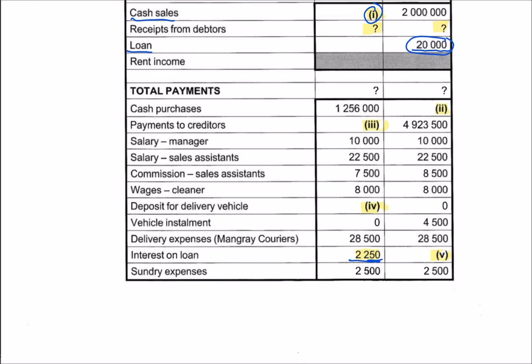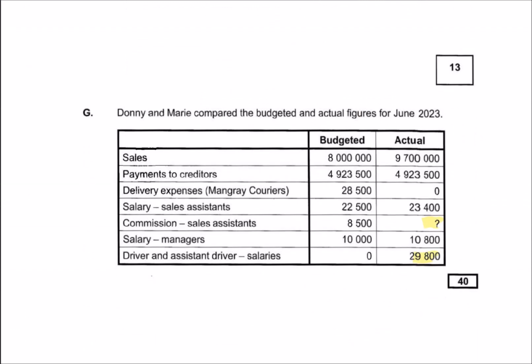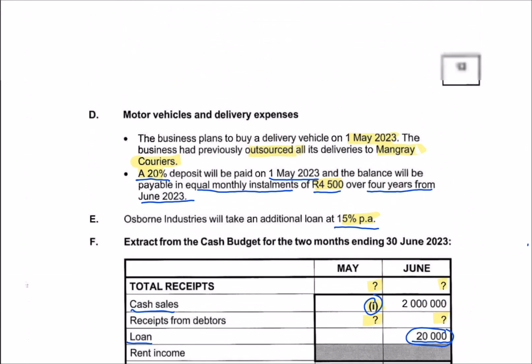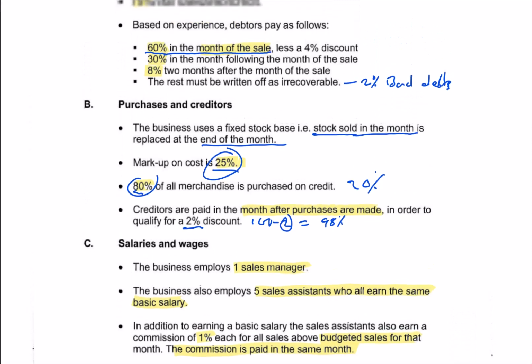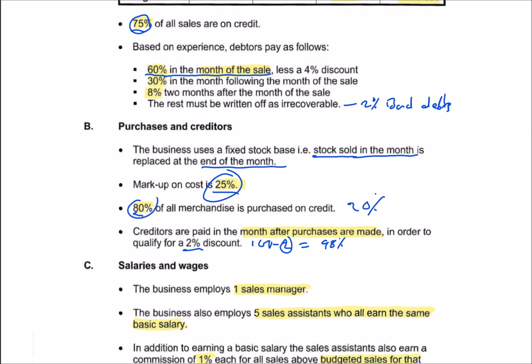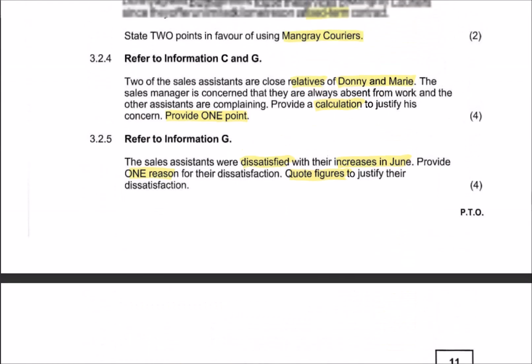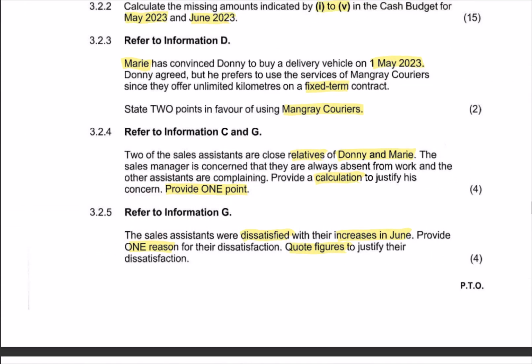At the same time, they will need to employ people for the vehicle. So now they need to pay 28,800. Right, Mary has convinced Donny to buy a delivery vehicle on 1 May 2023.